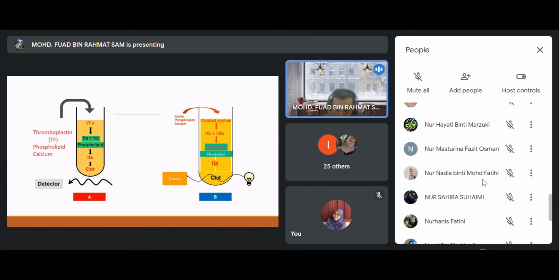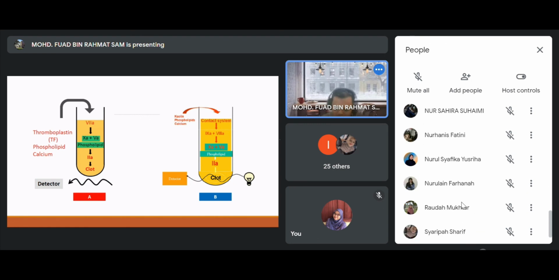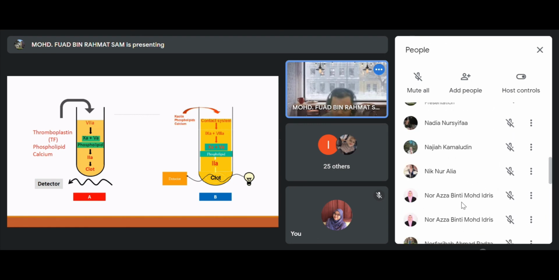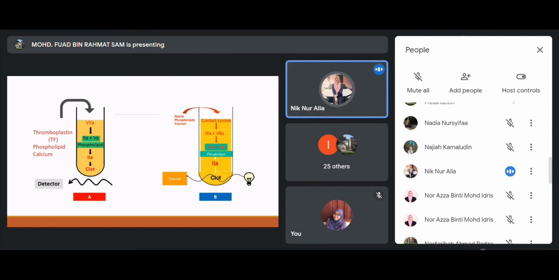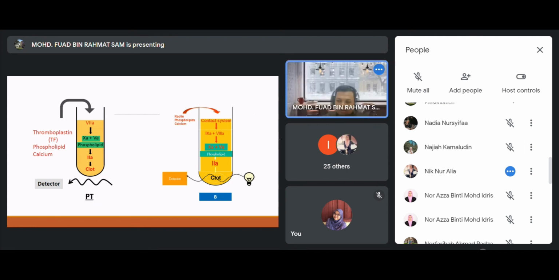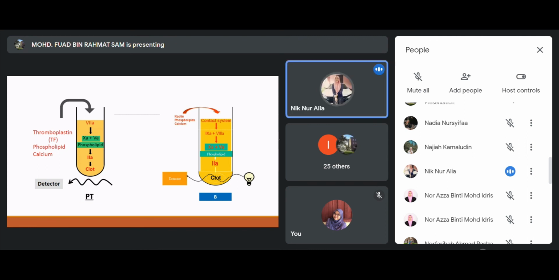Okey, kalau tak ada, mungkin boleh saya dapatkan Nur Alia Aziz. Yang A, PT. Alia, apa dia? Okey, kenapa PT? Sebab dia letak kalsium.